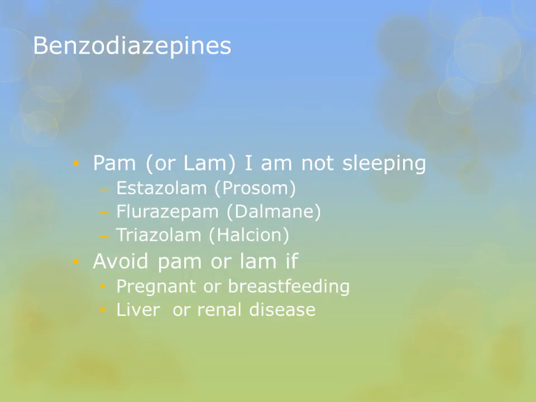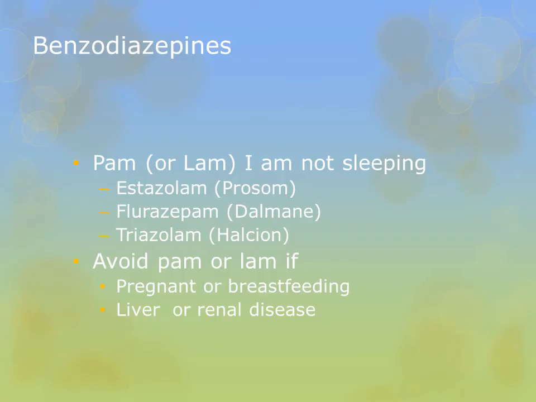So I wanted to put this in here because one of the things I encourage you to do is to categorize your medications. Just like with the barbiturates, most of them are going to end in barbital. Most of my benzodiazepines are going to end in PAM or LAM.